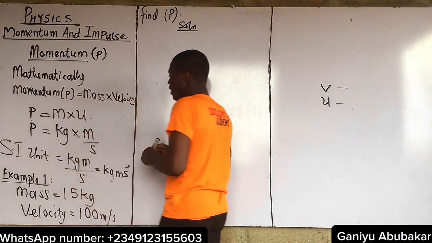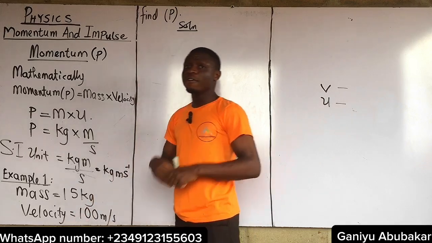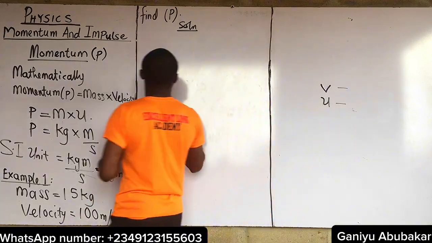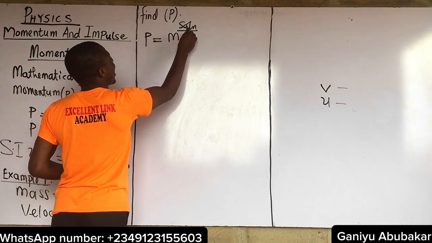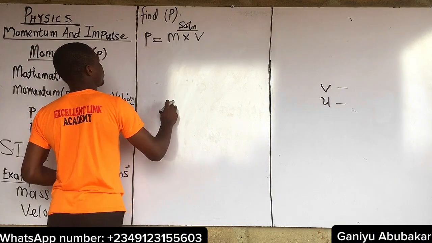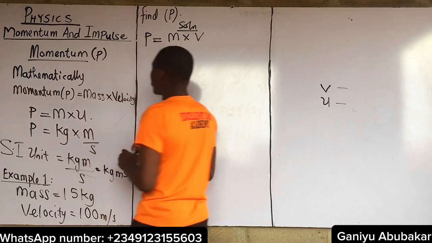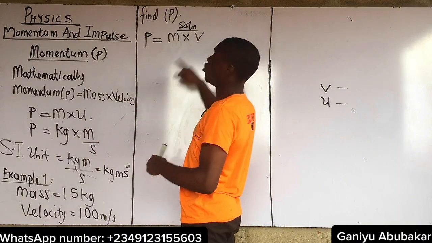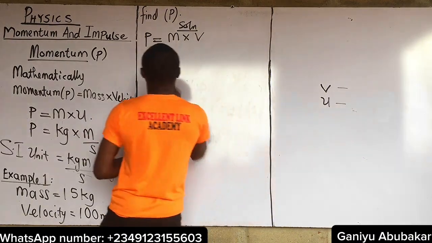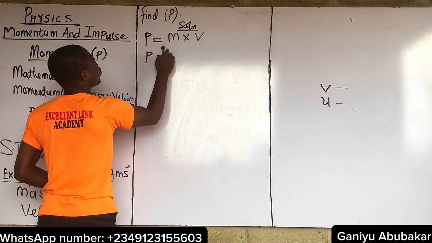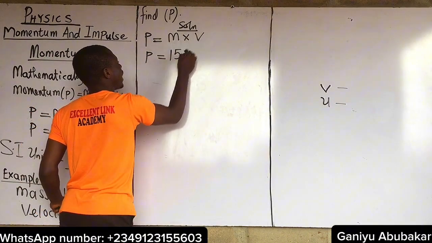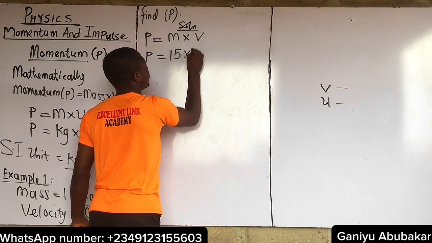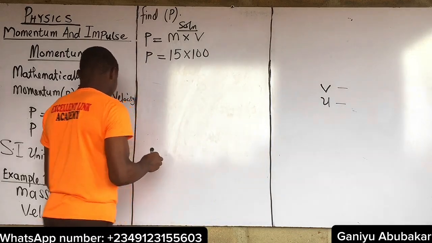Our first task: I'm given mass and velocity, and I need to find momentum. It's very simple. Recall that momentum p is equal to mass times velocity. You can choose to use u or v, it's the same thing. So momentum p is equal to 15 kilograms times 100 meters per second.